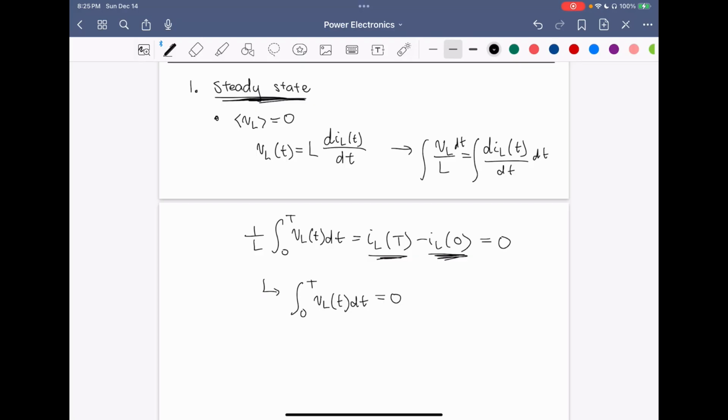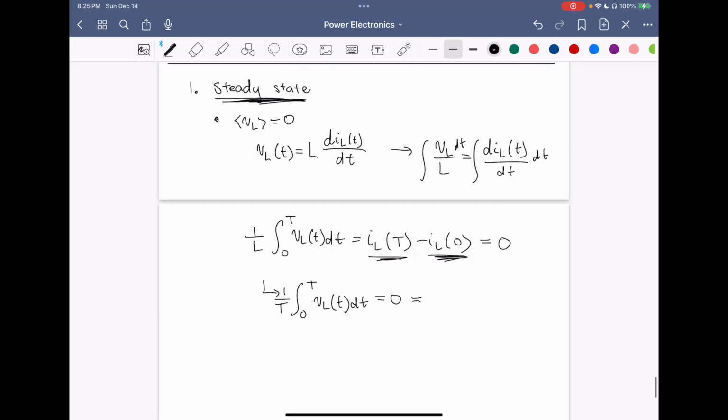So if we multiply by 1 over T, it's still equal to 0, but this is just equal to our average inductor voltage over one period. Therefore, this analysis demonstrates why in all switch mode power converters, the average inductor voltage across one period is equal to 0. This is also called inductor volt-second balance.